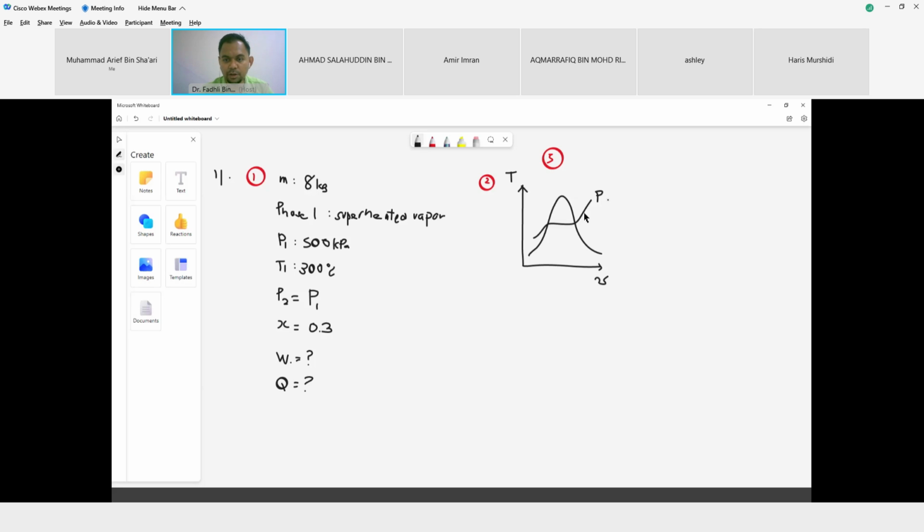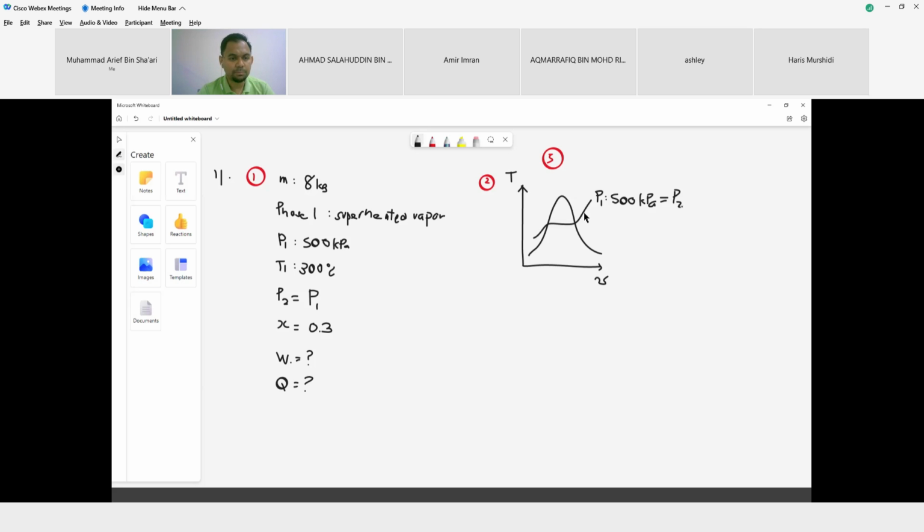So P1 equal to 500 kilopascal. And the final pressure P2 also equal to P1. And the temperature T1 is 300 degrees C.